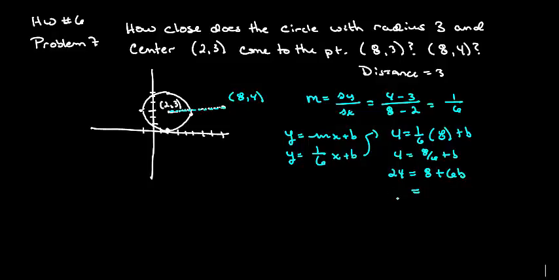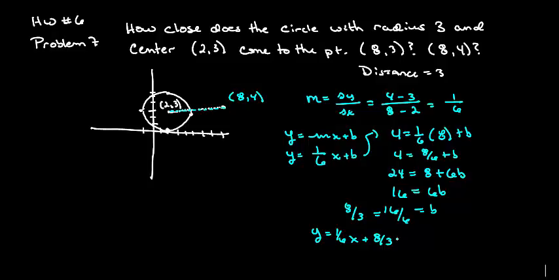Move the 8 over, that gives me 16 is equal to 6b. So b is equal to 16/6. If I divide both these by 2, I get 8/3. Okay, so apparently this guy hits somewhere over here at 8/3. So the overall equation for the blue line is y is equal to 1/6 x plus 8/3. It's not a nice looking equation, but it's an equation. Okay, so it's actually not that bad.